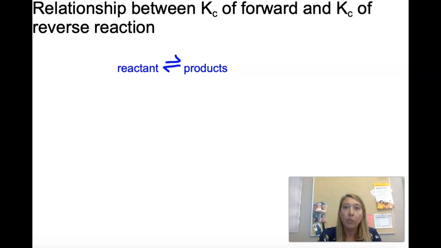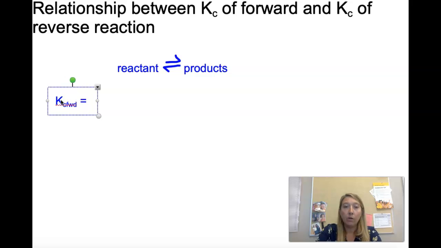Right, so if we were looking at the Kc for the forward, which is what we always write, that's always going to equal the concentration of those products over the concentration of those reactants.